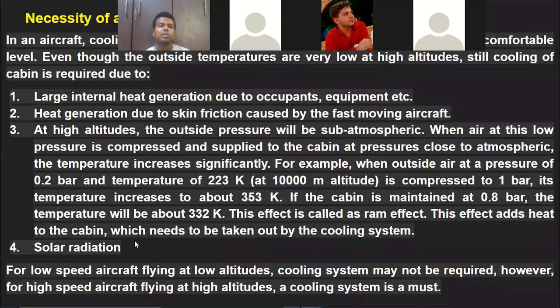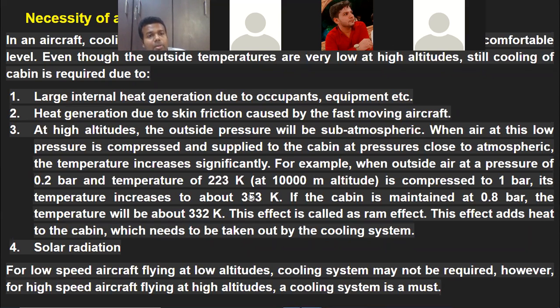When you compress the air initially, its temperature increases. But when you supply it into the cabin, the temperature decreases again. That means heat gets added into the cabin. When you supply 353 into the cabin, it is expected that 353 will be maintained there.